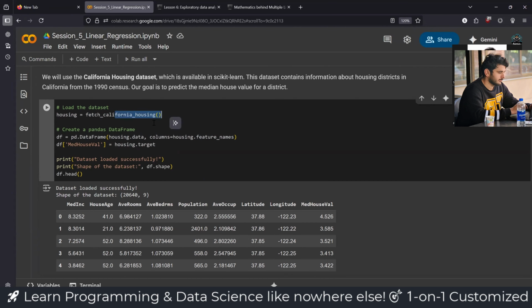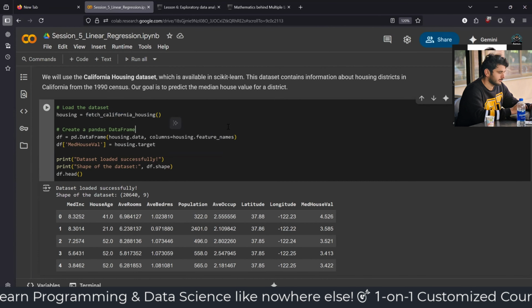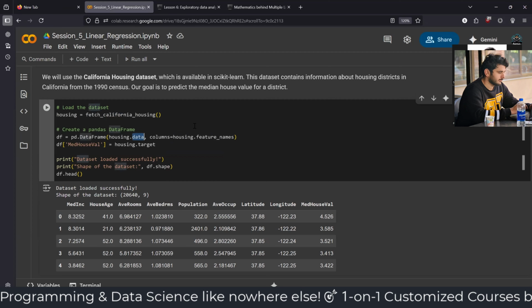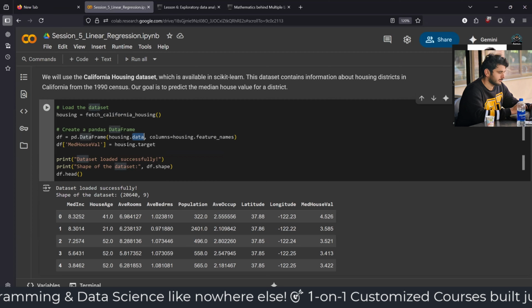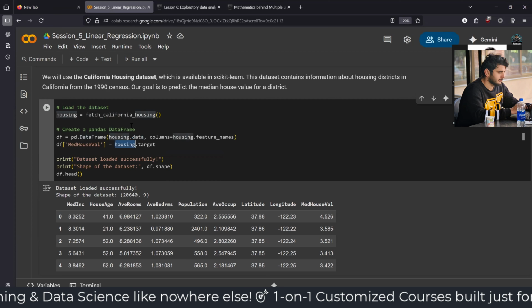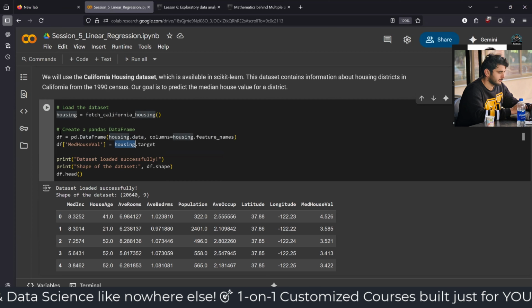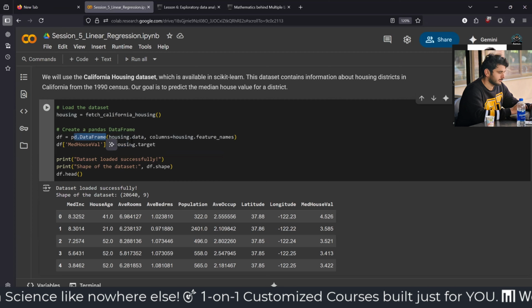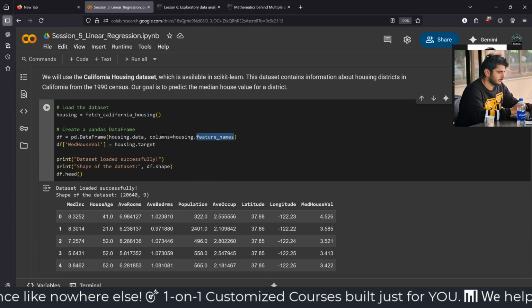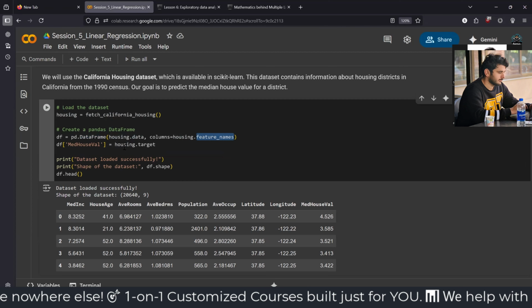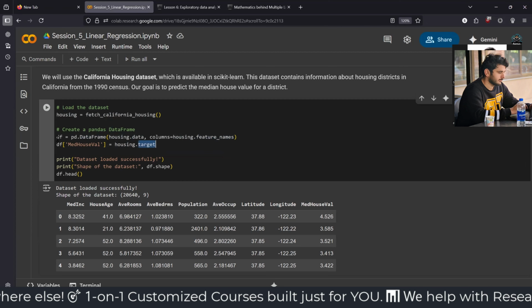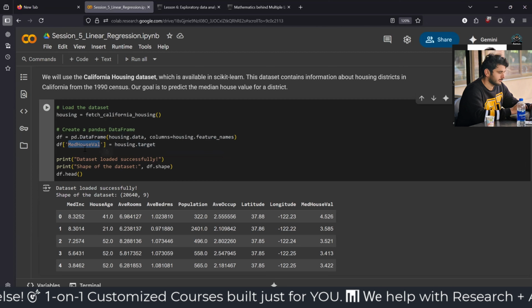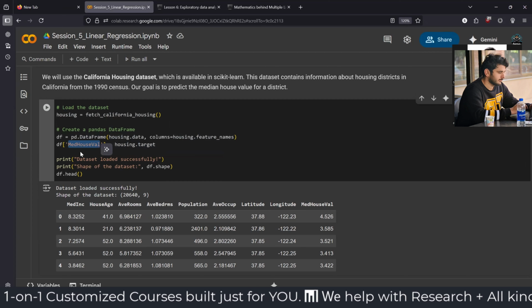In sklearn, we have the names and the data separately, and the target variable or the dependent variable also separately. So we will combine all three of these into a single data frame. First we are combining the data with the names, and then we are adding our target variable into our data with a new name, like median house value.